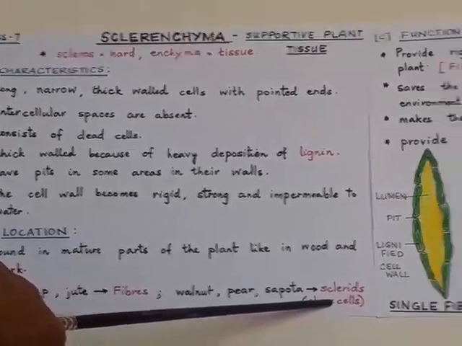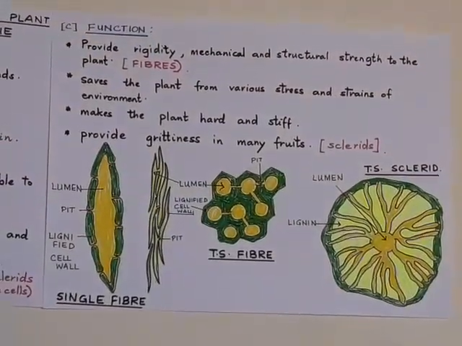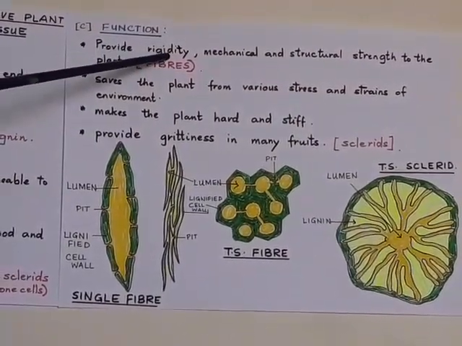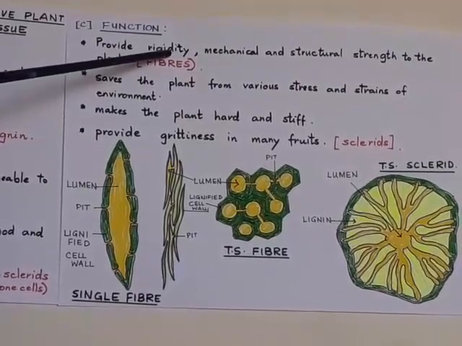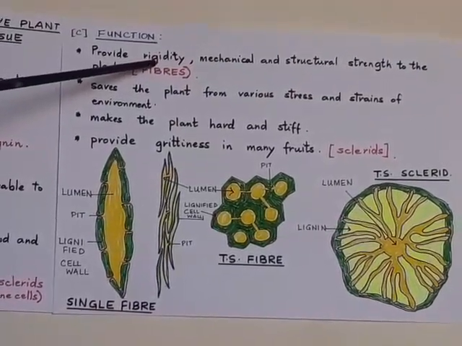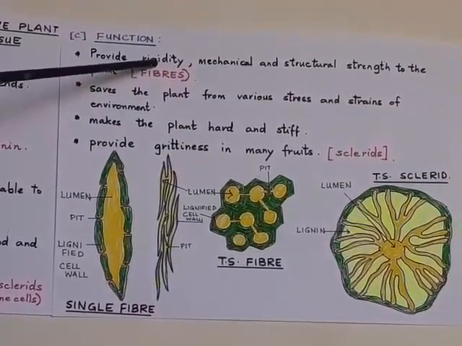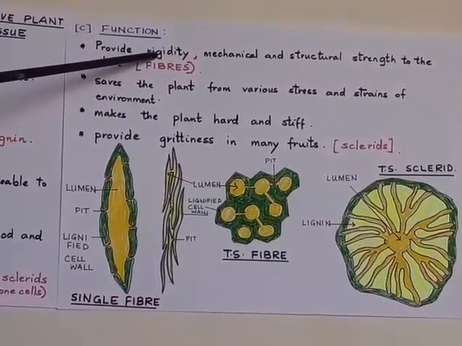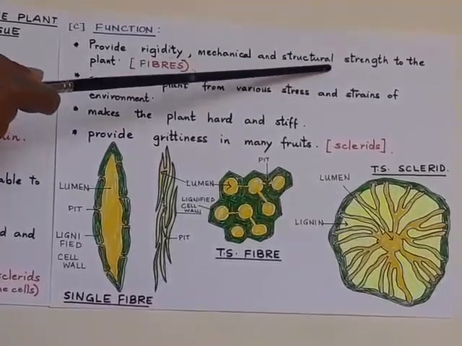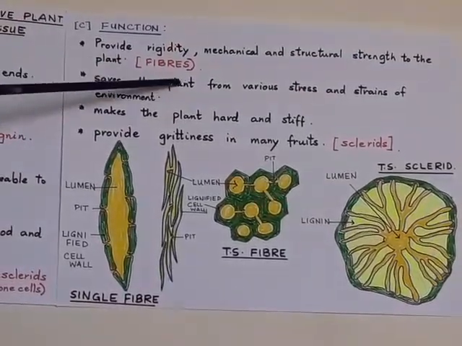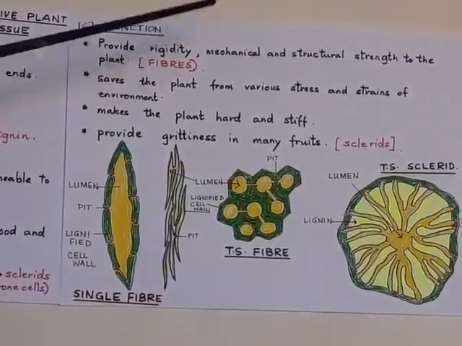Now what is the function of the sclerenchymatous tissue? Provide rigidity. Otherwise, if there is a storm, you will see not many trees fall down. Why? Because of the rigidity provided due to the sclerenchymatous tissue. Mechanical and structural strength to the plants, which is given by the fibers.